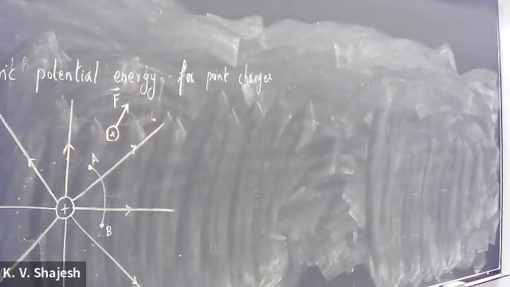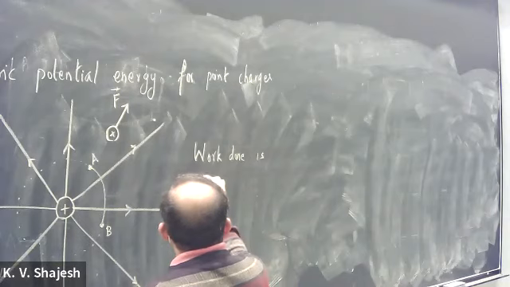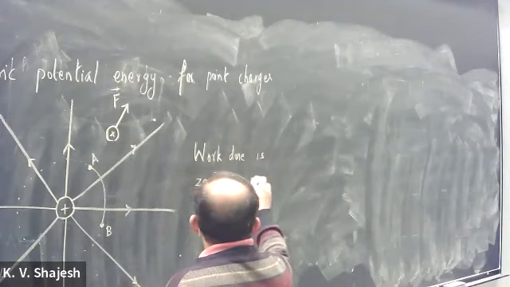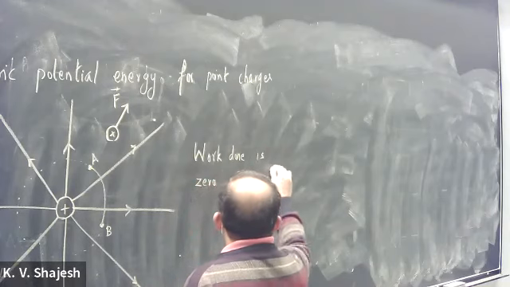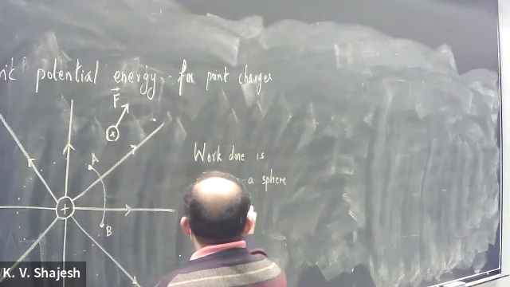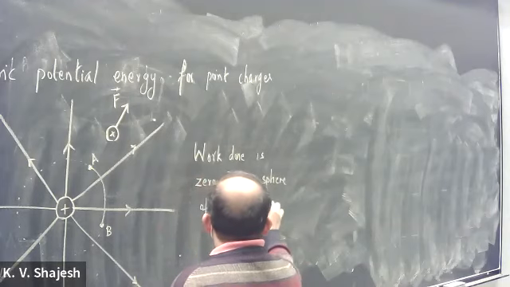So along this path, the work done is 0 on a sphere of fixed radius.